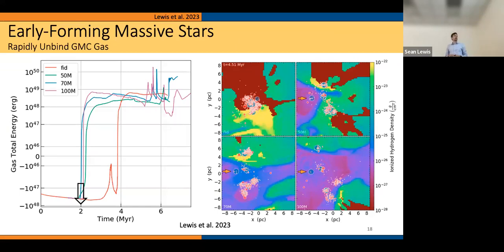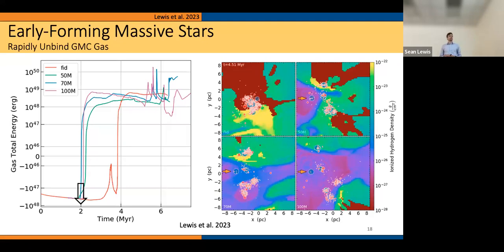And then at the black arrows, around when the early forming massive stars form in the augmented runs, you'll see pretty much immediately the gas achieves a globally positive energy state. So the gas has become globally unbound. And it's not until a little less than 2 million years later that the fiducial run is able to achieve the same unbound state.